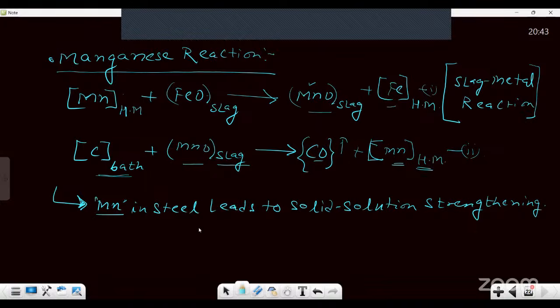But as manganese has affinity towards oxygen, definitely, and from the Ellingham diagram we see that the MnO line is just slightly lower compared to the FeO line. So when FeO is getting oxidized, manganese will also get oxidized at that time, at the operating temperature. So this is the manganese reaction.